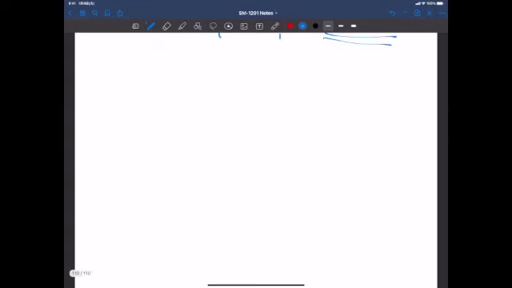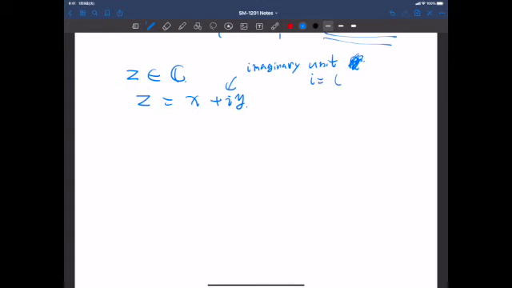So if z is a complex number, then it can be expressed as something like this, x plus iy, and this i is the imaginary unit. In terms of R squared, this i is something like (0, 1), and these x and y are real numbers.